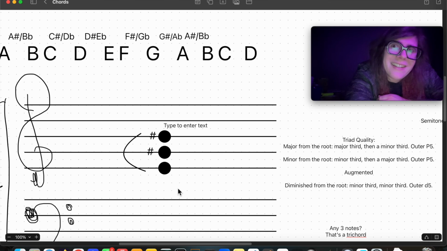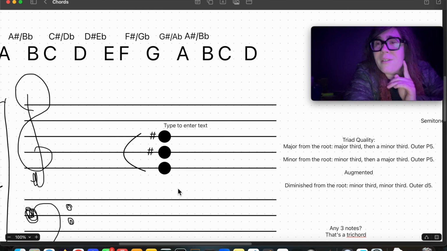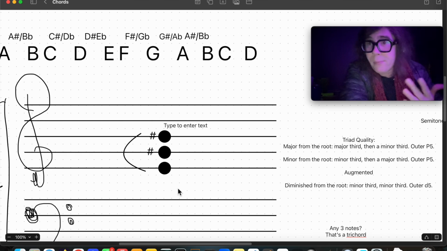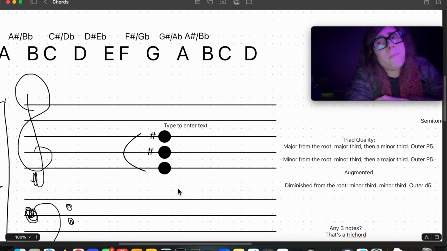Well, now in this case, B sharp will sound like C, and on a keyboard will play the note that looks like C. But it is a B sharp in terms of its function because it's the fifth, the perfect fifth, then augmented above E.